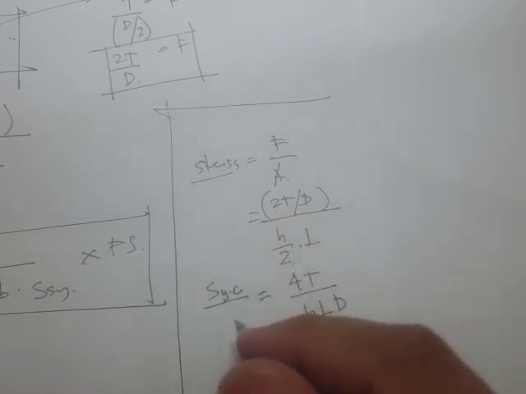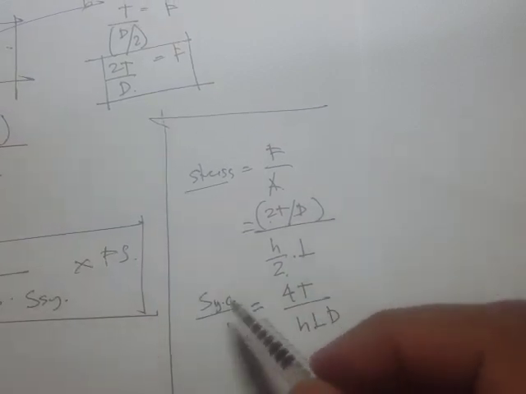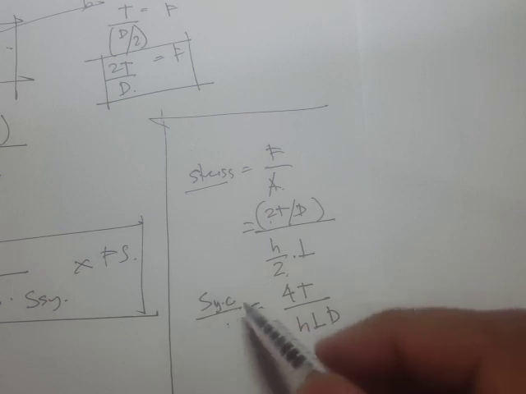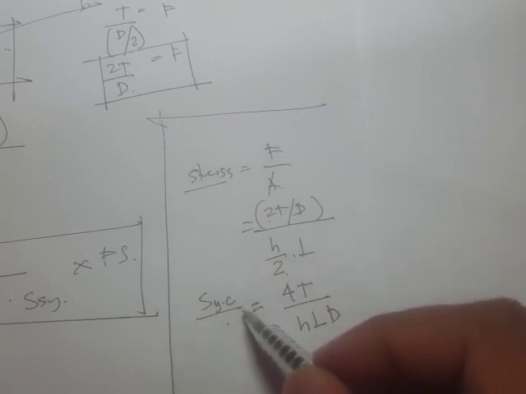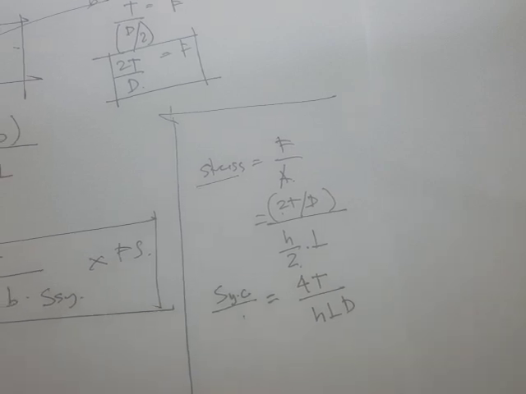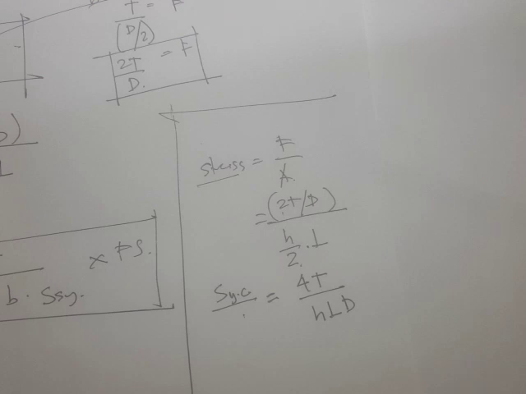Just take note that for ductile materials, the yield strength in tension is approximately equal to the yield strength in compression. If we have a material that's brittle, then we have a difference between the yield strength in compression and the yield strength in tension.